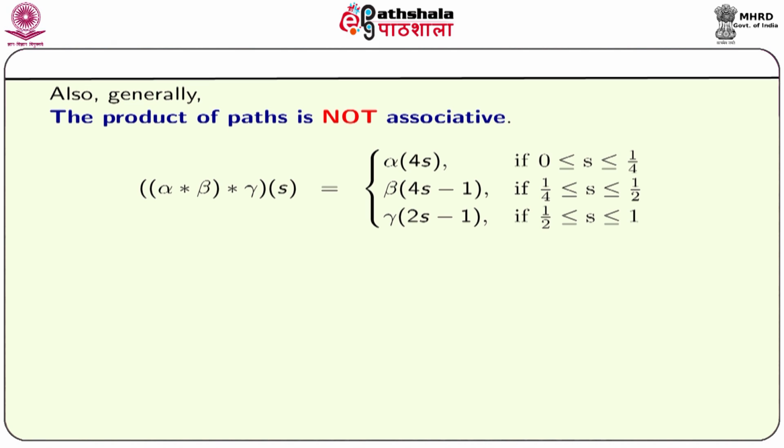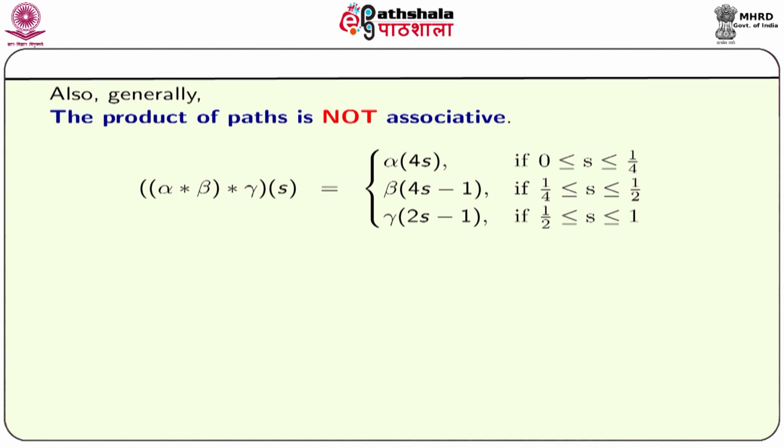Now, for associativity of product, we need 3 paths alpha, beta and gamma, and they must be compatible for the product. That means, the terminal point of alpha should be the initial point of beta, and the terminal point of beta should be the initial point of gamma. So, when it is (alpha star beta) star gamma, then of course the interval [0,1] is broken up into two parts, 0 to half and half to 1.